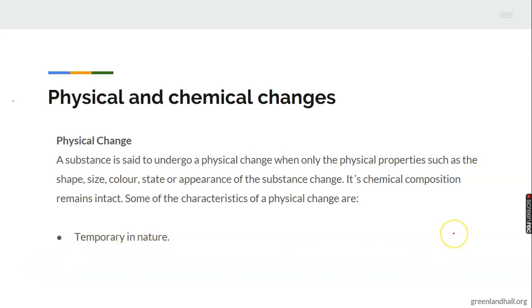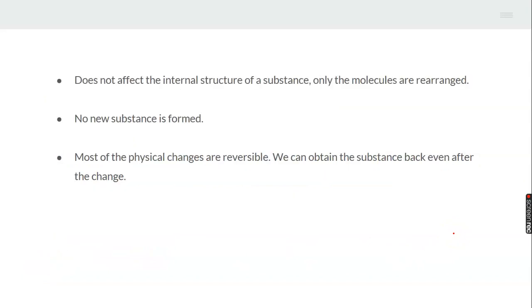Physical change has the property of being temporary. It's not a kind of change that will be permanent or bring about permanent change to an object. It does not affect the internal structure of a substance. That means it's only the external parts that are affected.